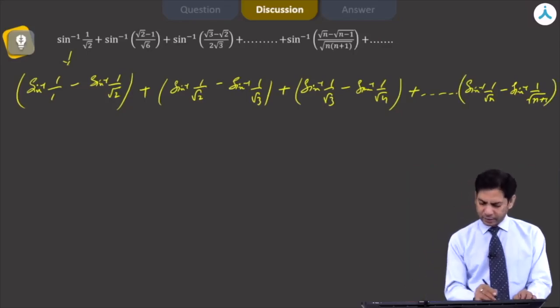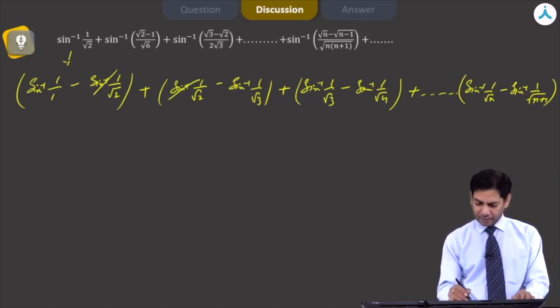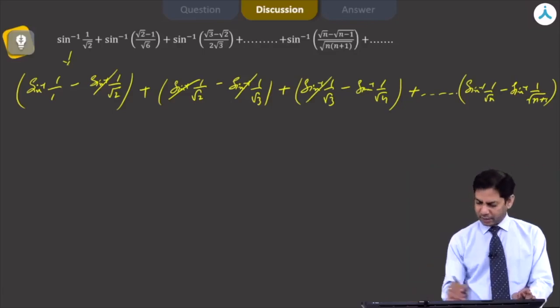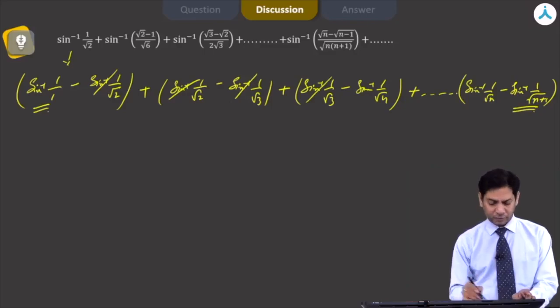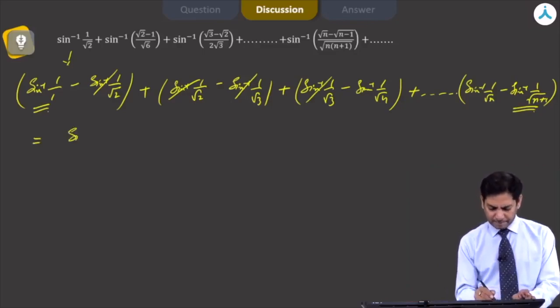And now you can clearly see that this term will cancel out this one, this term will cancel out this one, and so on. So at the end this will be left out, and in the beginning this will be left out. So we get sine inverse 1 minus sine inverse 1 upon root of n plus 1.